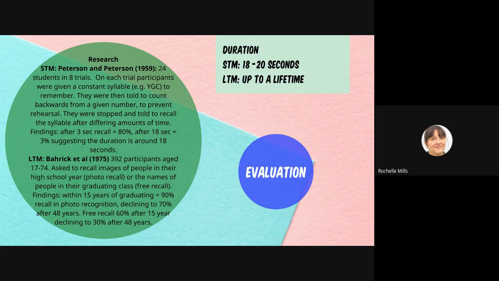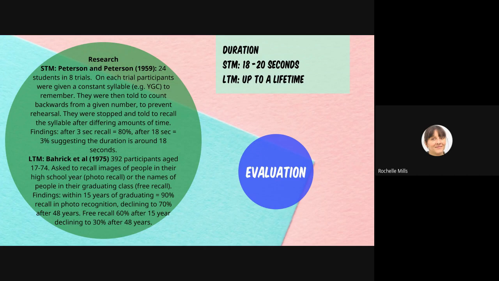So in the free recall condition, they were just asked to recall the names of the people in their graduating class. They found that if they did the test within 15 years of that individual graduating, then recall was 90% in photo recognition. But if it was after 48 years of them graduating, it declined to 70%. Both of those numbers are still pretty high.